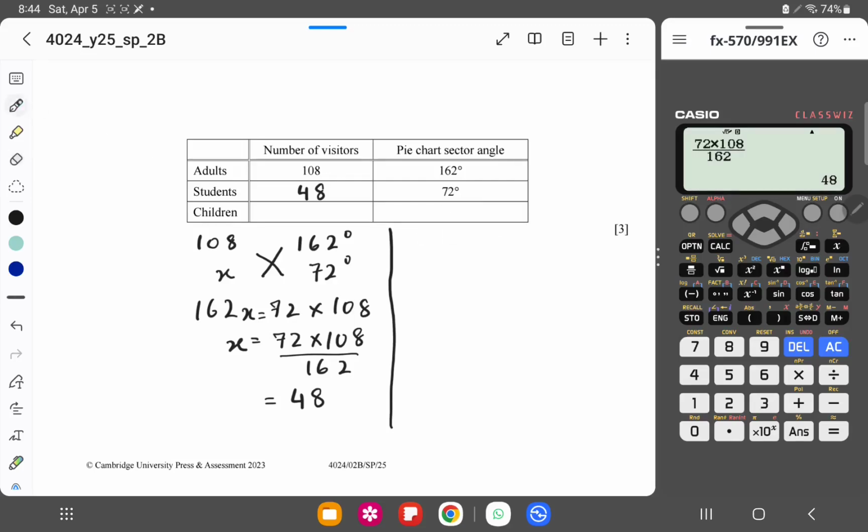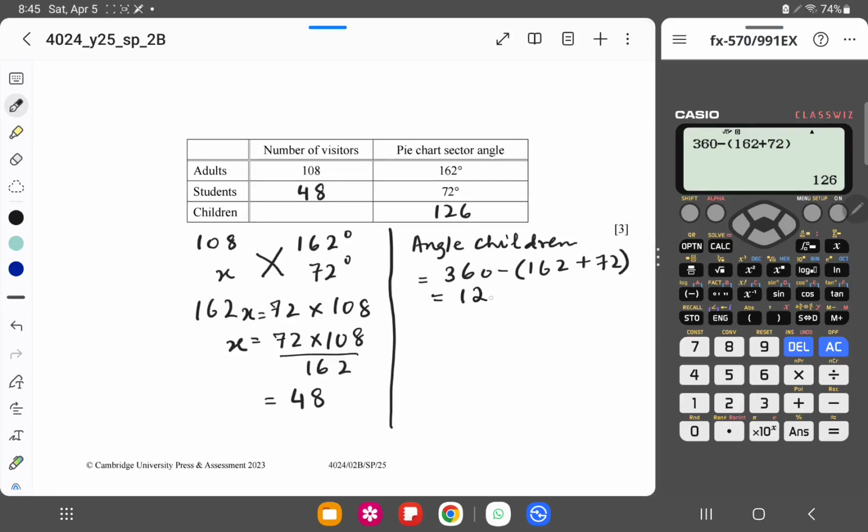So the angle for the children will be 360 minus 162 plus 72 degrees. So that is 360 minus, 162 plus 72, which equals 126.